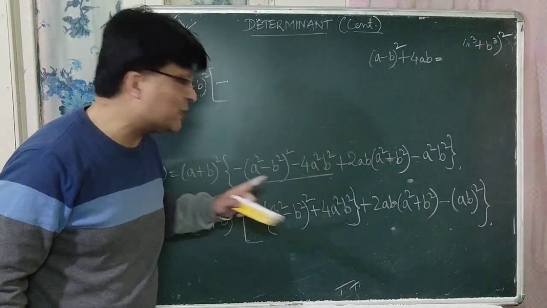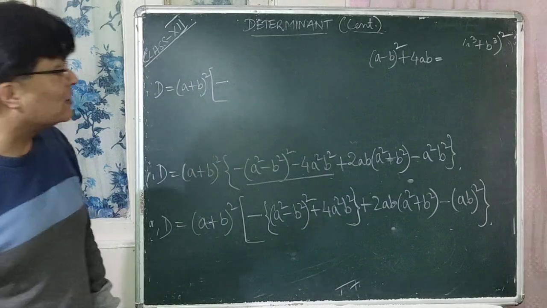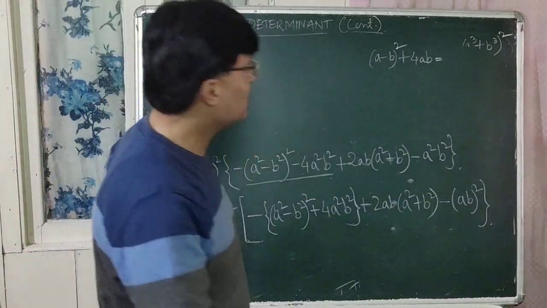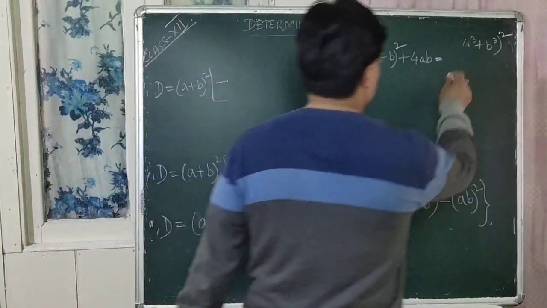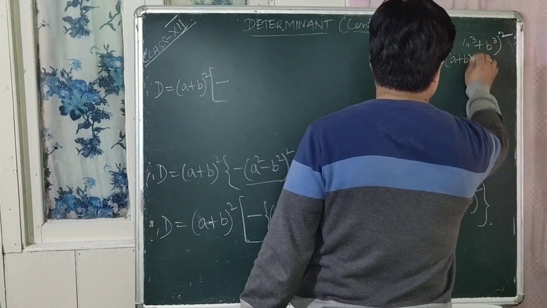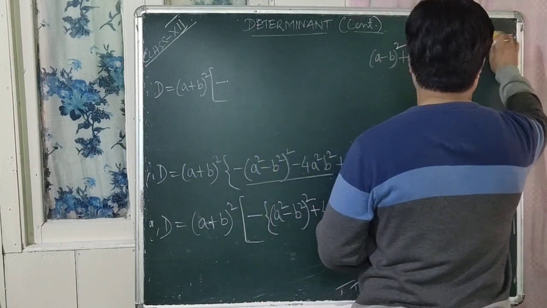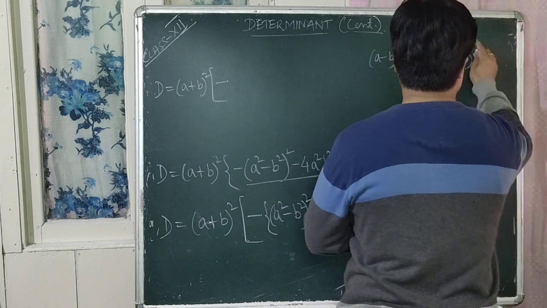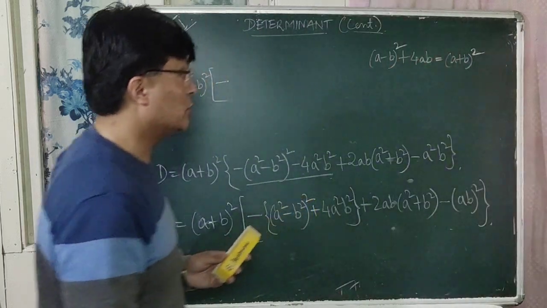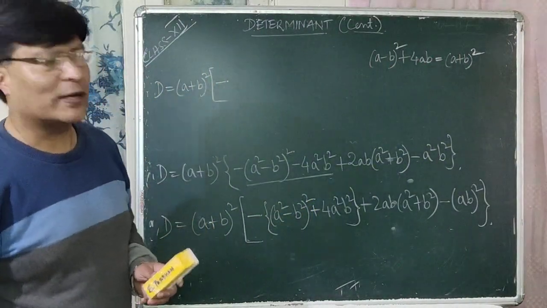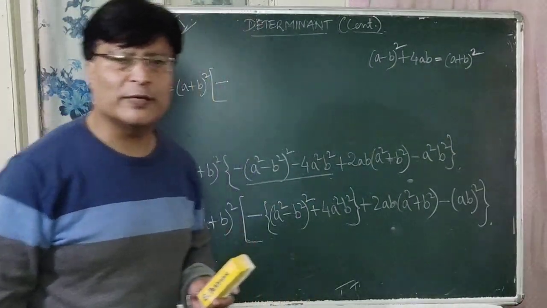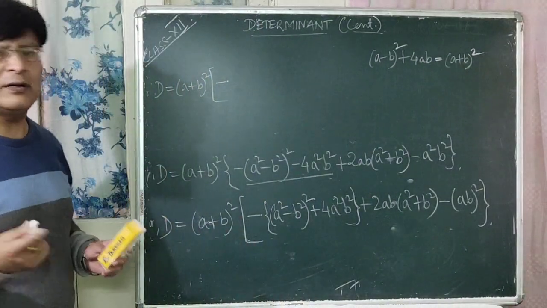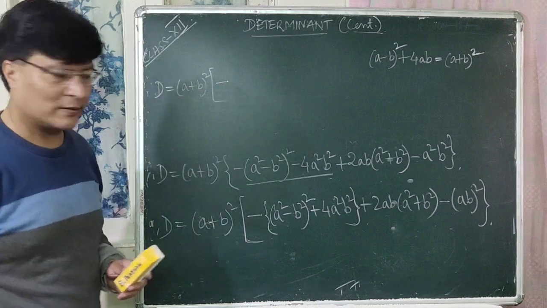Instead of b, there is b square. So what is the formula in this case? What is (a minus b) whole square plus 4ab? It is (a plus b) whole square. That is, (a minus b) whole square plus 4ab is equal to (a plus b) whole square. That is another formula for (a plus b) whole square, right?